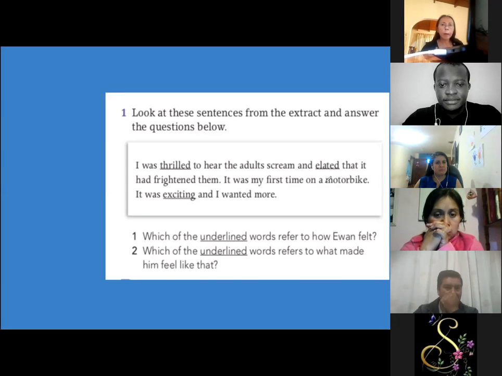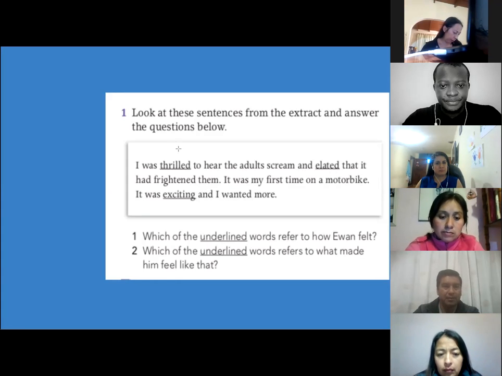It was exciting and I wanted more. Number 1, which of the underlined words refer to how it once felt? Number 2, which of the underlined words refers to what made him feel like that?